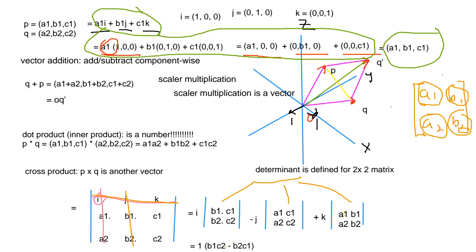We get A1, C2, subtract A2, C1. Plus the K component. So what is the K component? The determinant for this one is A1, B2, subtract A2, B1.